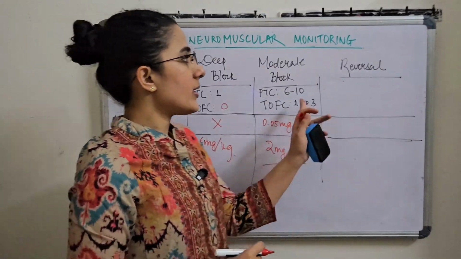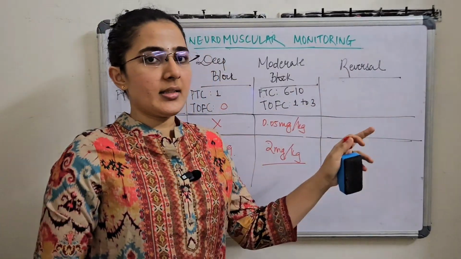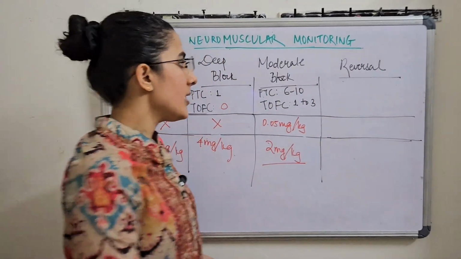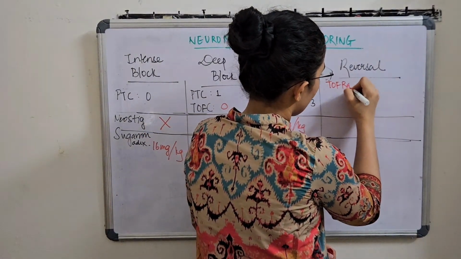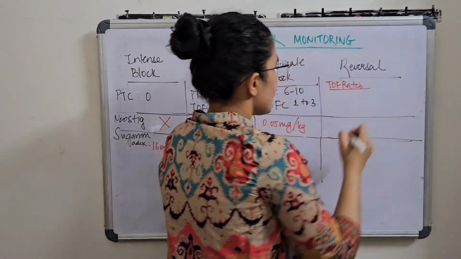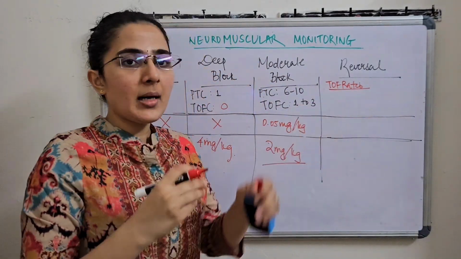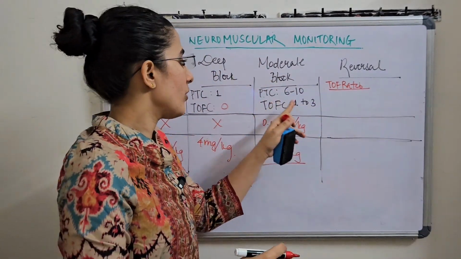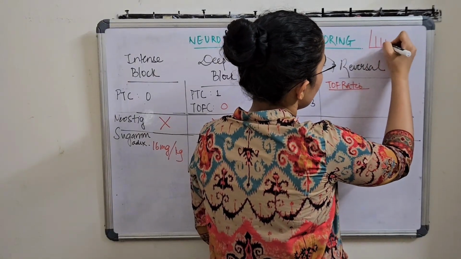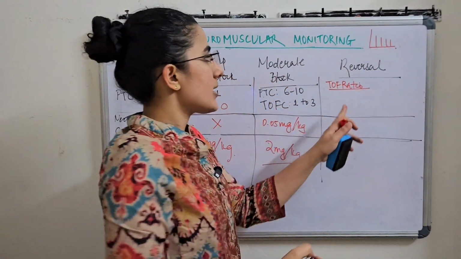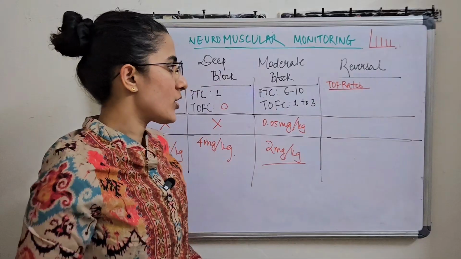Coming towards the reversal side, that is towards the extubation side, we will look at what is called the TOF ratio. The TOF ratio applies when all 4 TOF counts have come, that is, all of T1, T2, T3, T4 have come. That's when we calculate the TOF ratio.